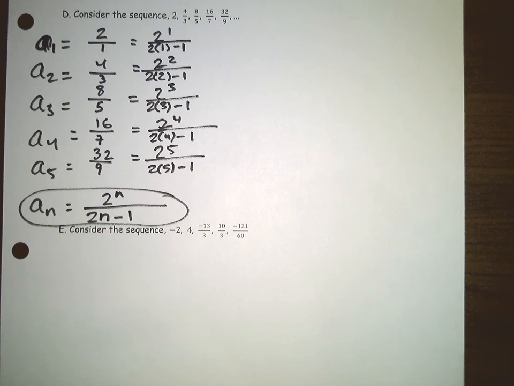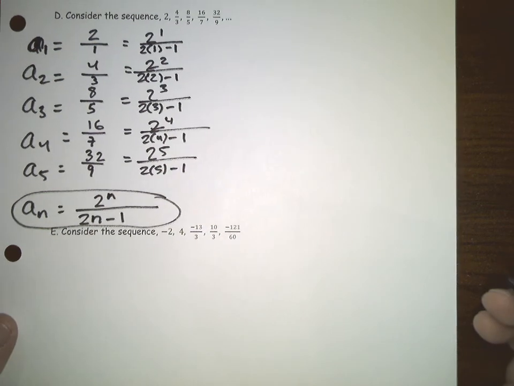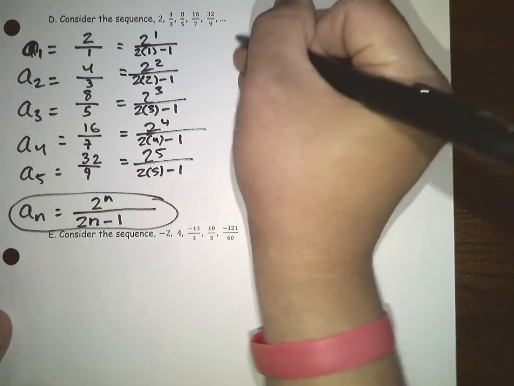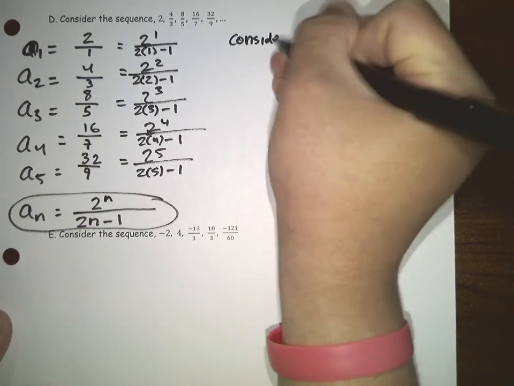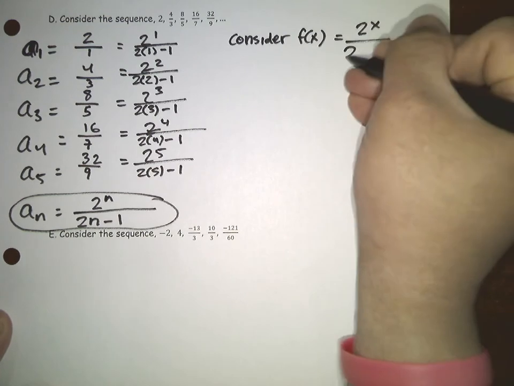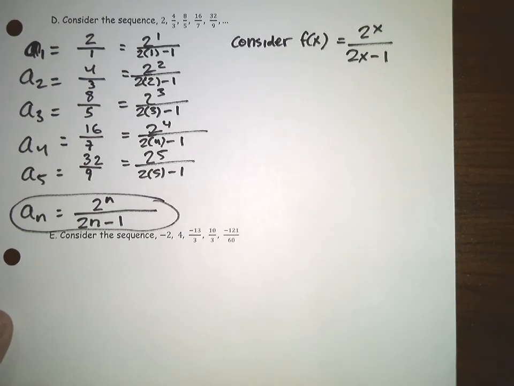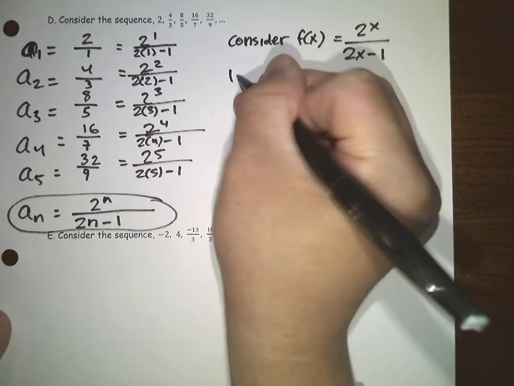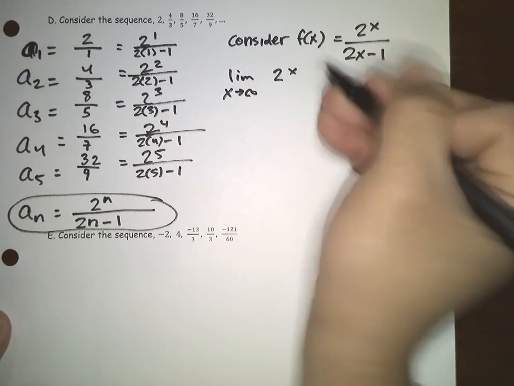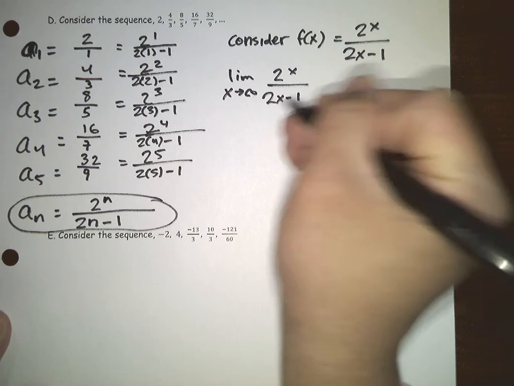So now I'm going to do the same thing as before. I am going to consider f of x, which is 2 to the x over 2x minus 1, and find the limit as x goes to infinity of 2 to the x over 2x minus 1.